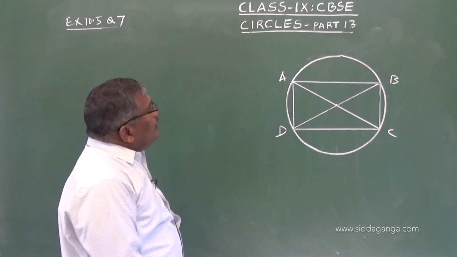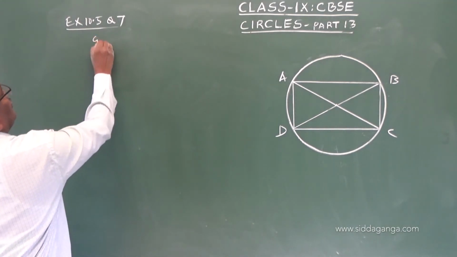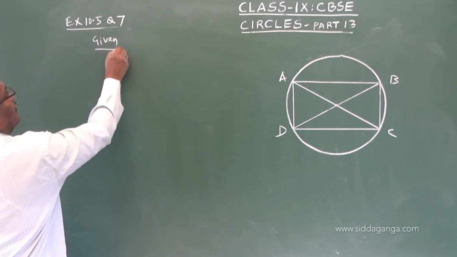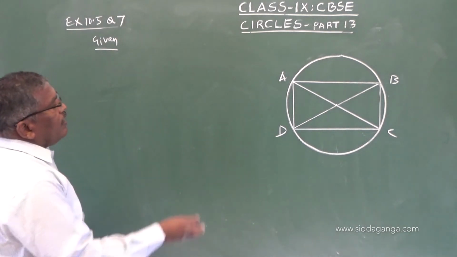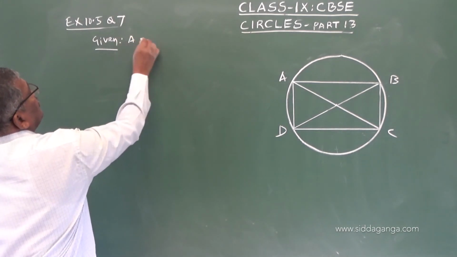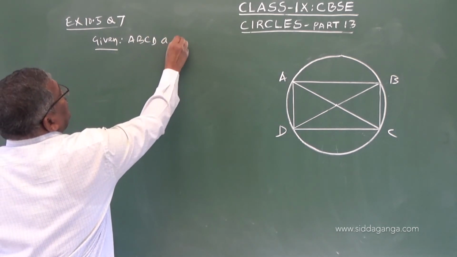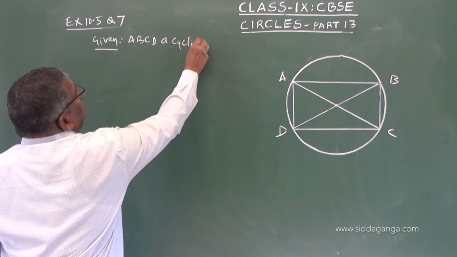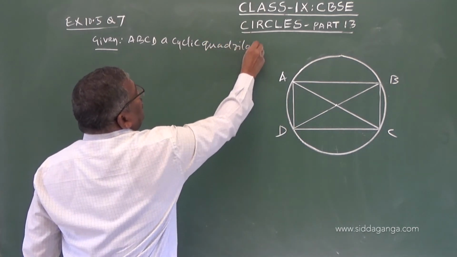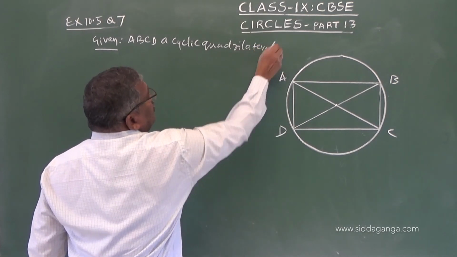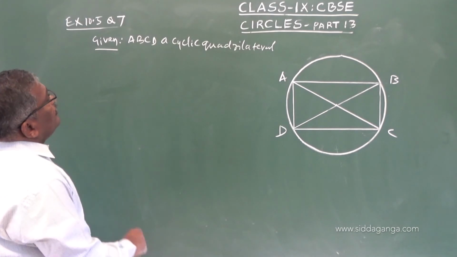Now, given: what is given in this cyclic quadrilateral ABCD? It is a given cyclic quadrilateral. That is why the circle passes through all the 4 points.